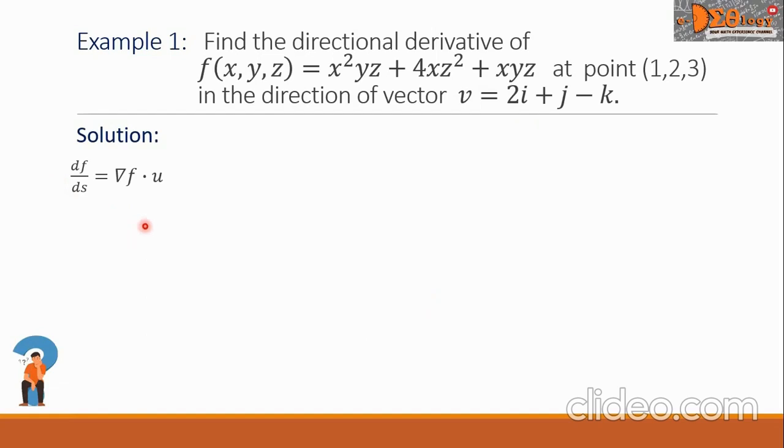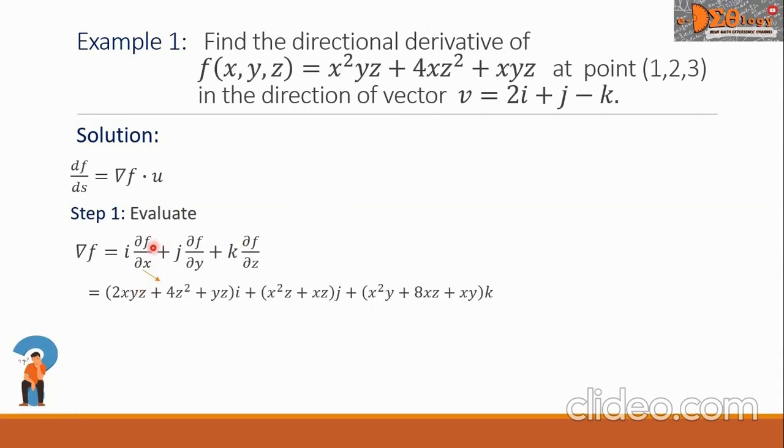We write here the formula for the directional derivative. That is df over ds equals gradient of f dot u. For step 1, let us evaluate the grad f.